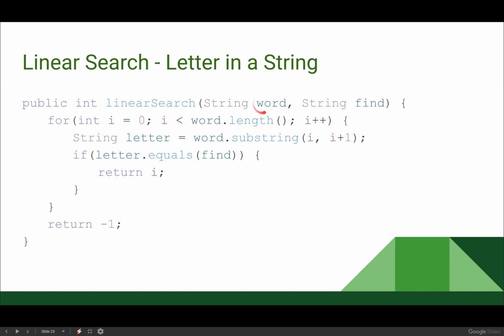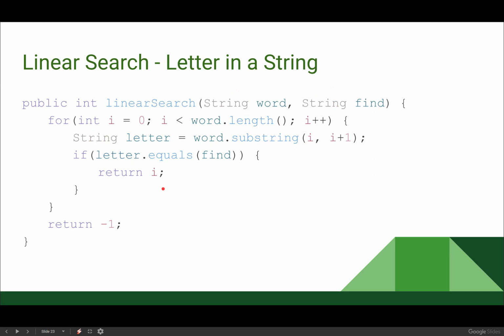If we have a string word and we have a string that we want to find, we can get each letter in our word using word.substring from i to i+1, get the current letter, and if letter equals what we're trying to find, we can return i.